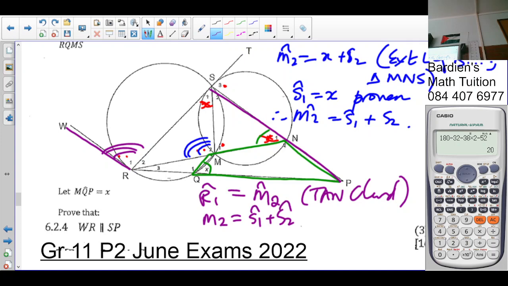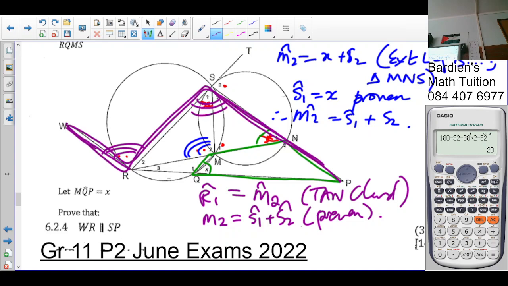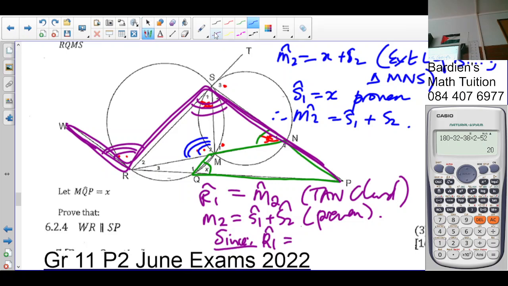That was proven. So that's going to have the same marking here. Can you see the alternate angles being formed there? So we say, since angle R1 is equal to angle S1 plus S2, the combination thereof, or you could have said PSR, therefore SP is parallel to WR.